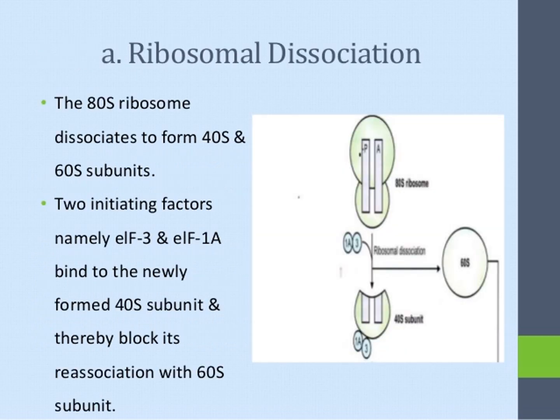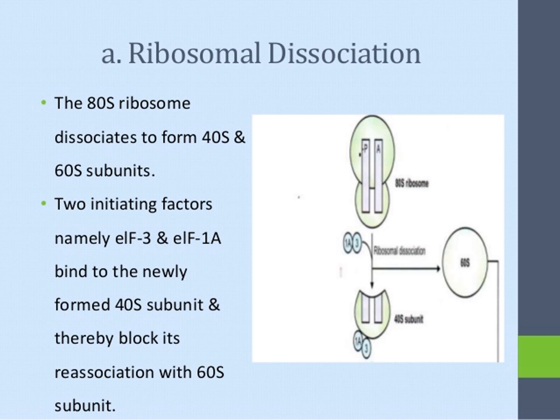So this is the first step of the initiation process. Like prokaryotic ribosomal dissociation, here also the 80S ribosomes are dissociated into 40S and 60S subunits. So first the small subunit will be involved in the initiation of the translation process.